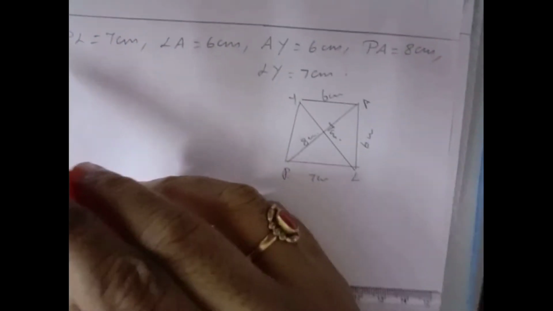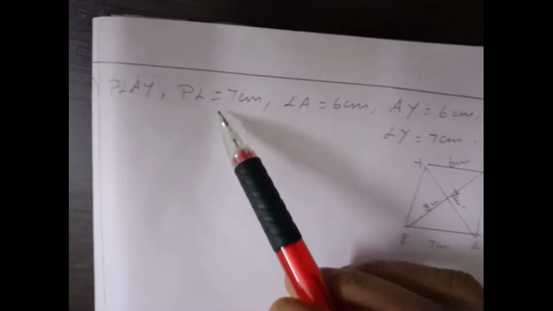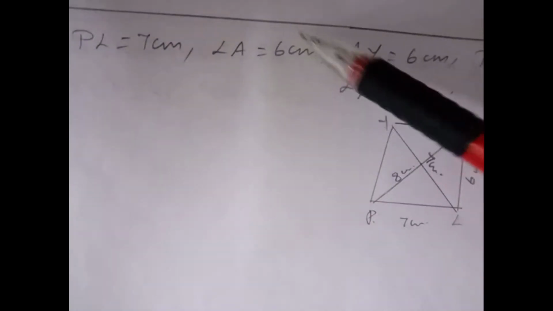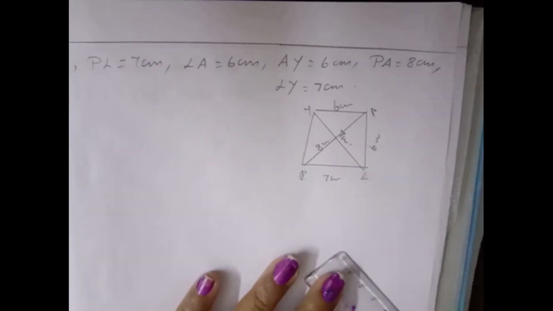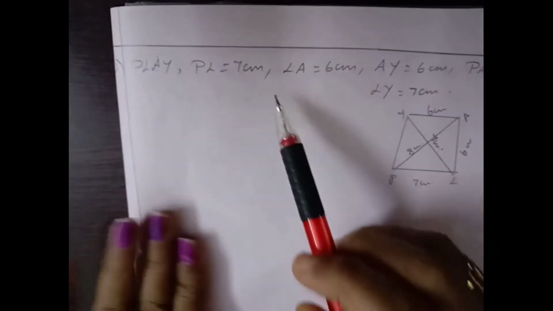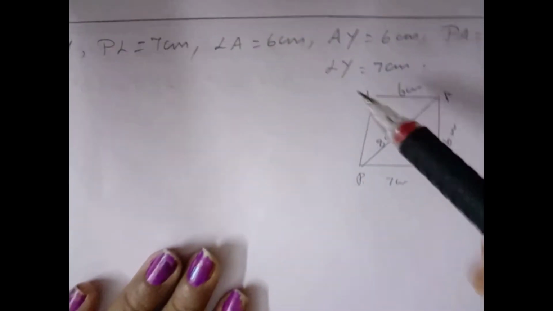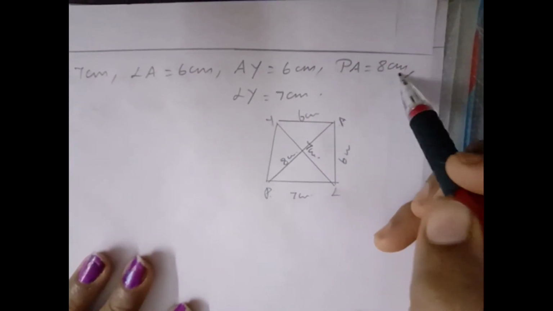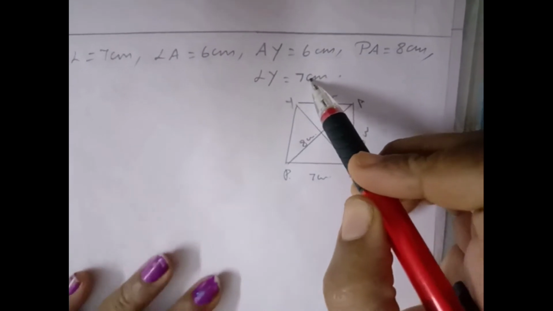Next question, your quadrilateral is PLAY. PL equal to 7 centimeter, LA equal to 6, AY equal to 6, PA equal to 8, LY equal to 7 centimeter.